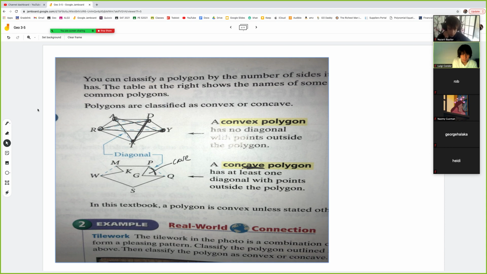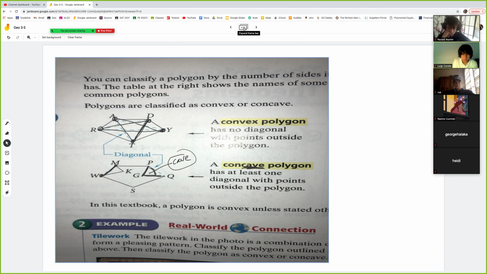Technically, a line can be drawn between two points of the polygon, and the line will be outside of the polygon. That's a diagonal outside of the polygon. However, I just remember that it creates a cave. See, this is a cave. So concave creates a cave, convex does not. That is the simple difference between concave and convex.